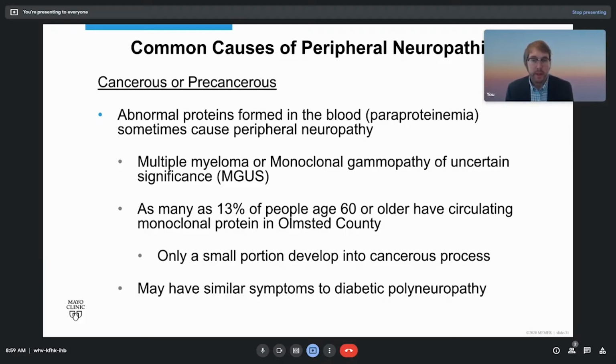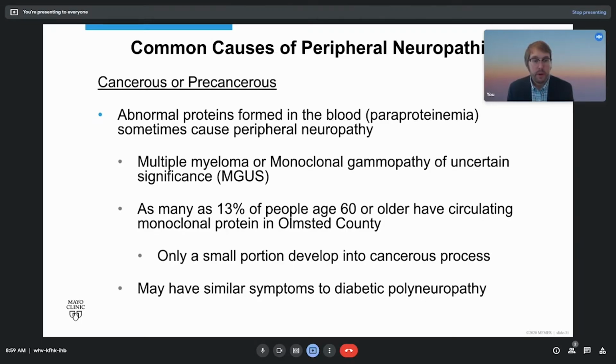As many as 13% of people age 60 or older have some amount of monoclonal protein circulating in their blood, but only a very small portion go from this uncertain significance protein into a cancerous process like multiple myeloma, which is a blood cell cancer of the plasma cells. Many have similar symptoms to diabetic polyneuropathy.